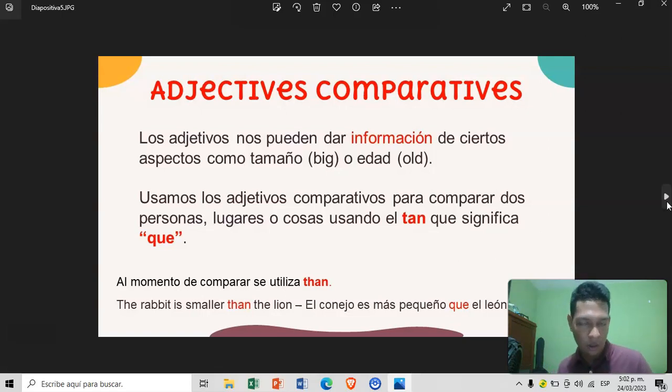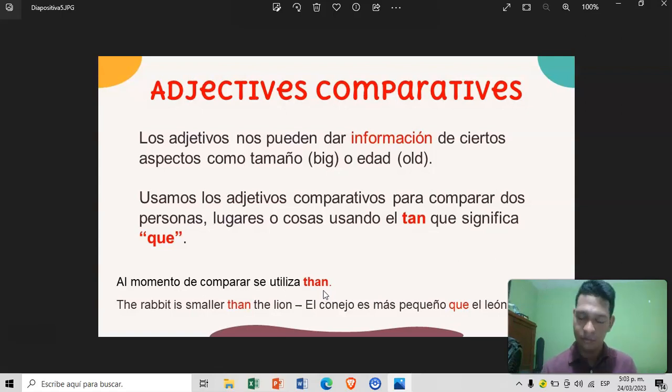For example, big, old, tall, small. For making a comparative, we are going to use than. For example, the rabbit is smaller than the lion.